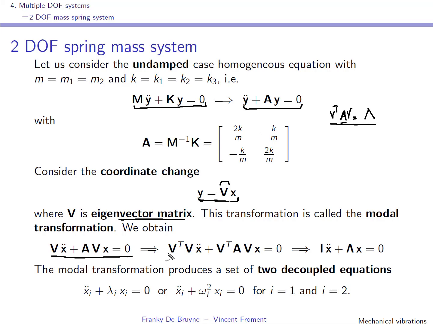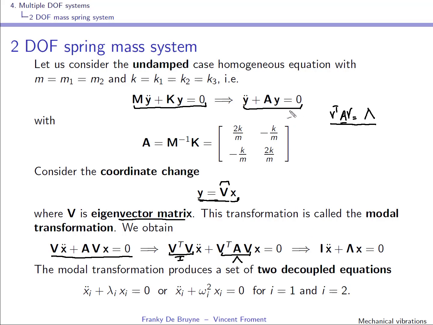And then we multiply the equation by V transpose, and since these eigenvectors are all orthonormal, this is an identity matrix, and here we obtain our diagonal matrix. Okay, and on the diagonal I've got here the eigenvalues.